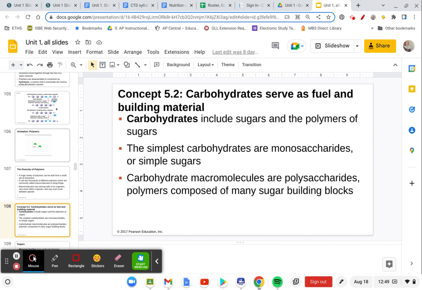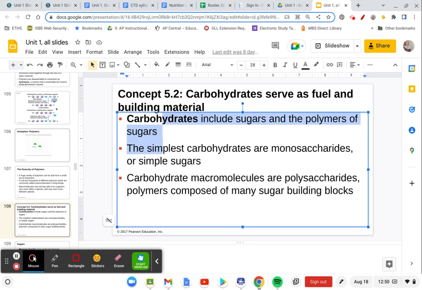Carbohydrates are things like sugars, so just your simple table sugar, and then also polymers of sugar, which would include things like starch. So starch would be an example of a polymer of sugar.